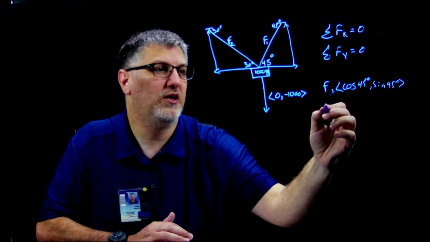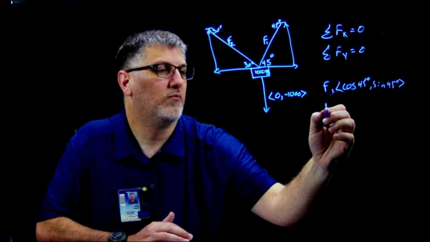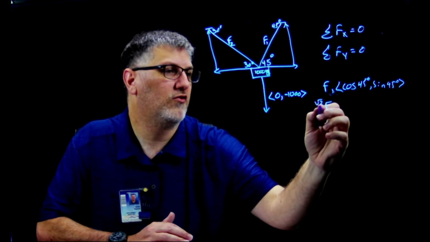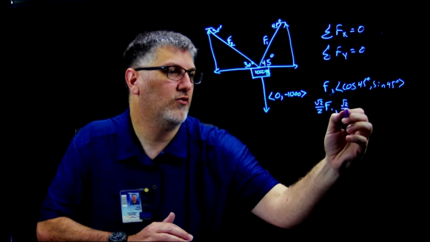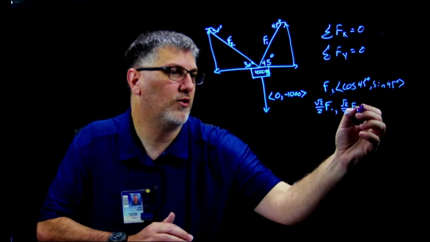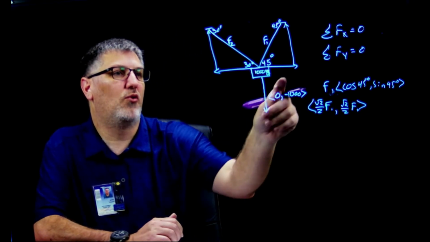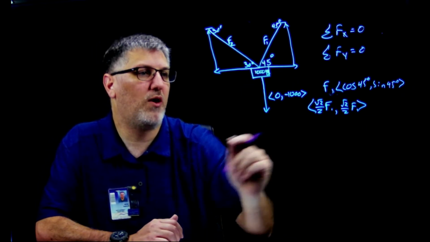So my force component is going to be f sub 1 square root of 2 over 2, comma, square root of 2 over 2 f sub 1. There is my vector broken into components right here. So here's my x component, here's my y component.